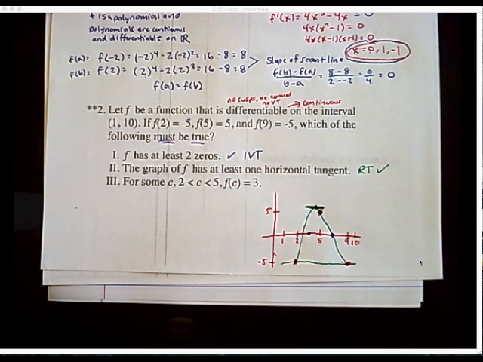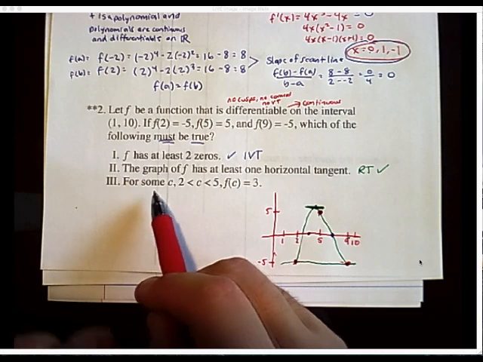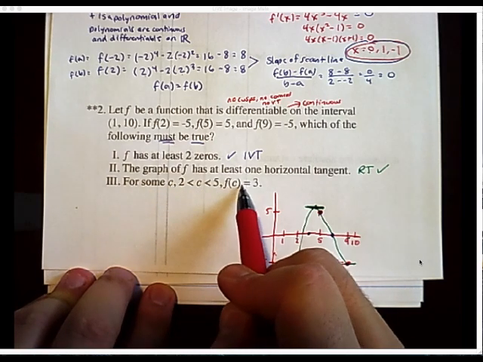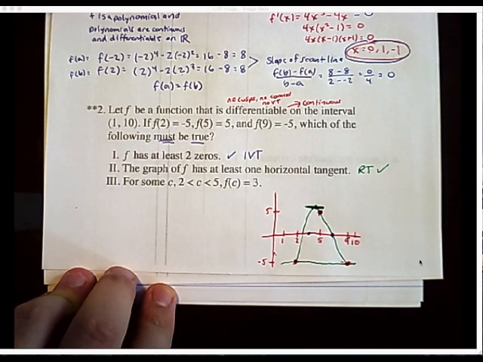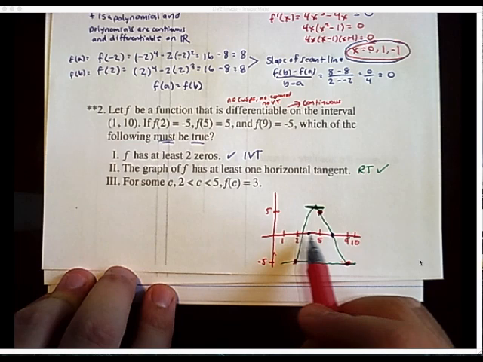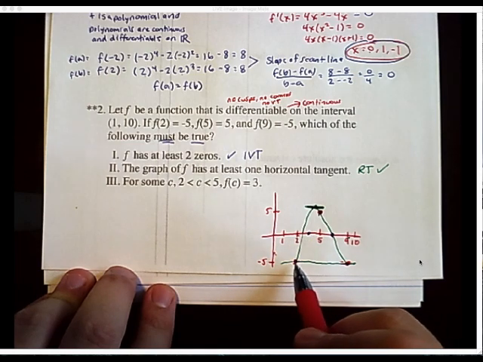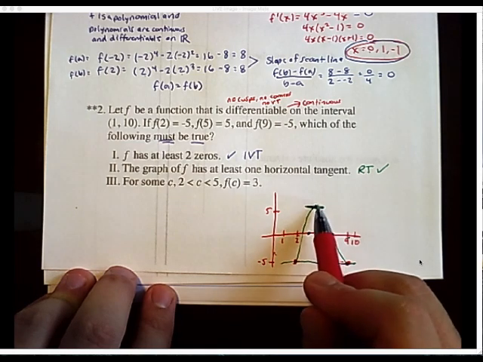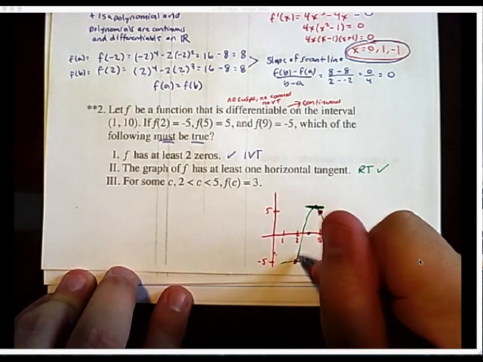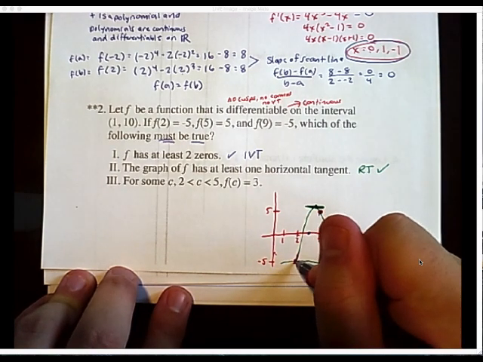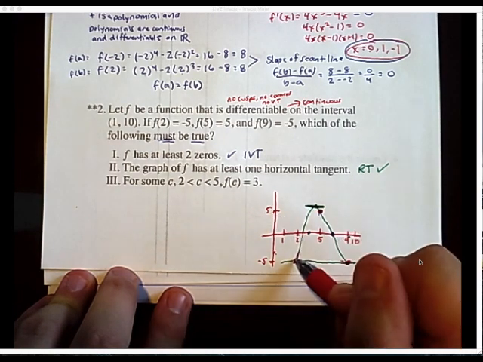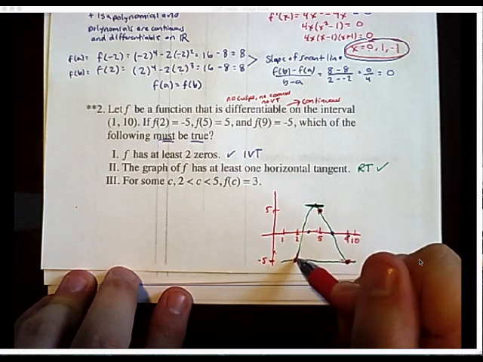And let's read the last one. It says for some c, which means an x value between 2 and 5, the y value is 3. So if you think about this, between 2 and 5, my y values go from -5 up to +5. So another part of the intermediate value theorem says I have to hit every y value between -5 and +5 in between x values of 2 and 5.